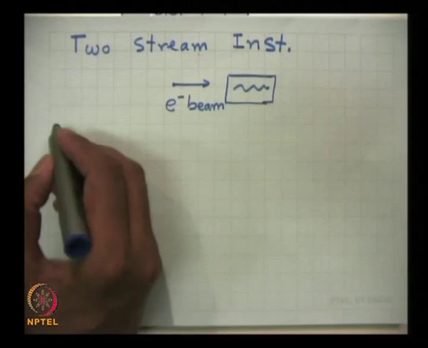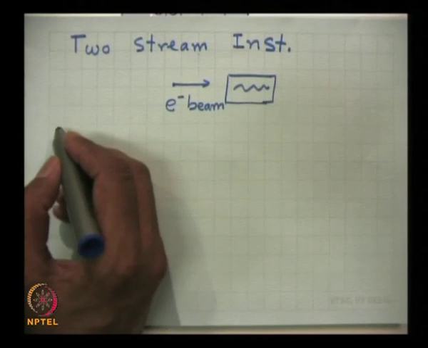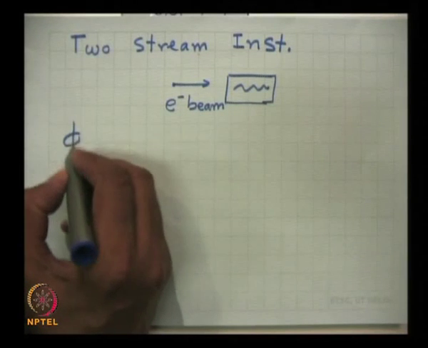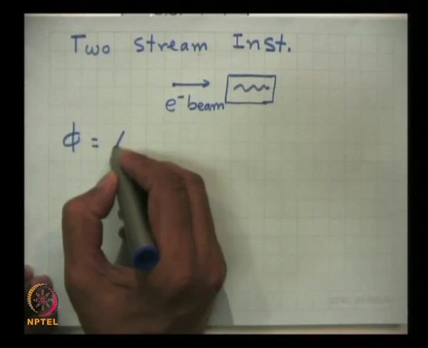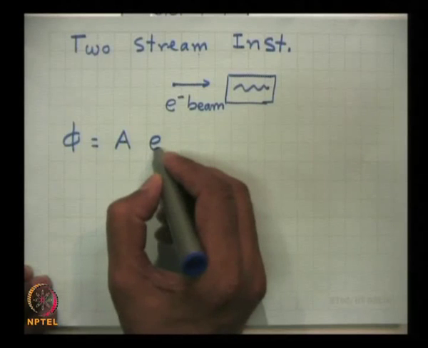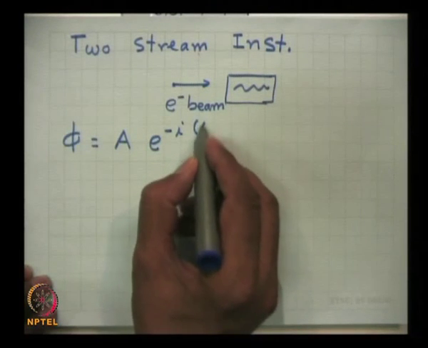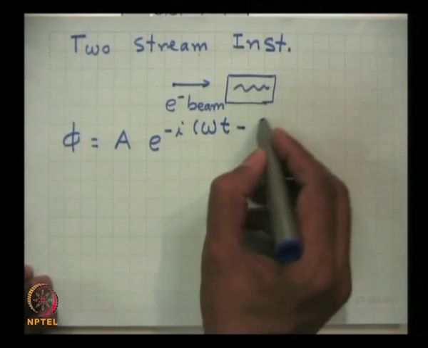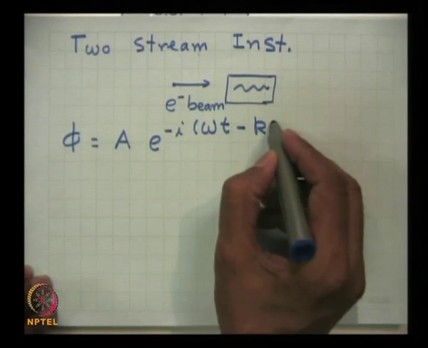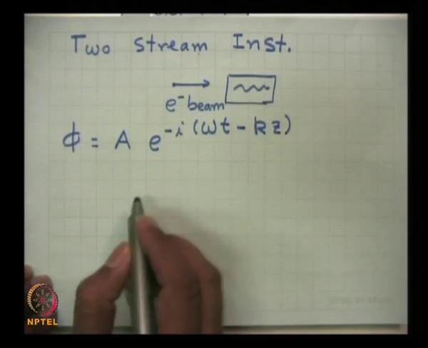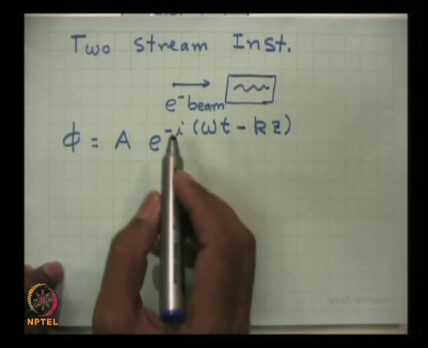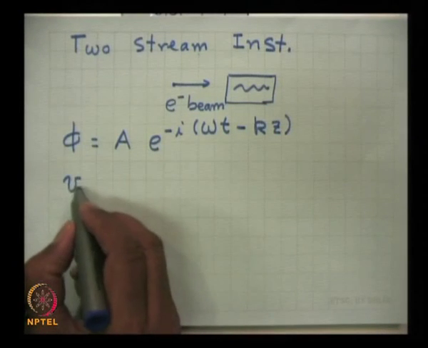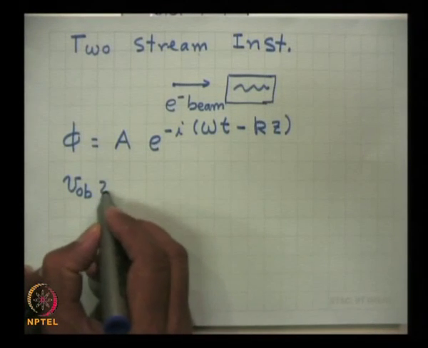The wave in the plasma, we called a plasma wave with a potential phi, we wrote down as some a exponential minus i omega t minus k z, and the beam had an initial velocity v0b along the z direction.